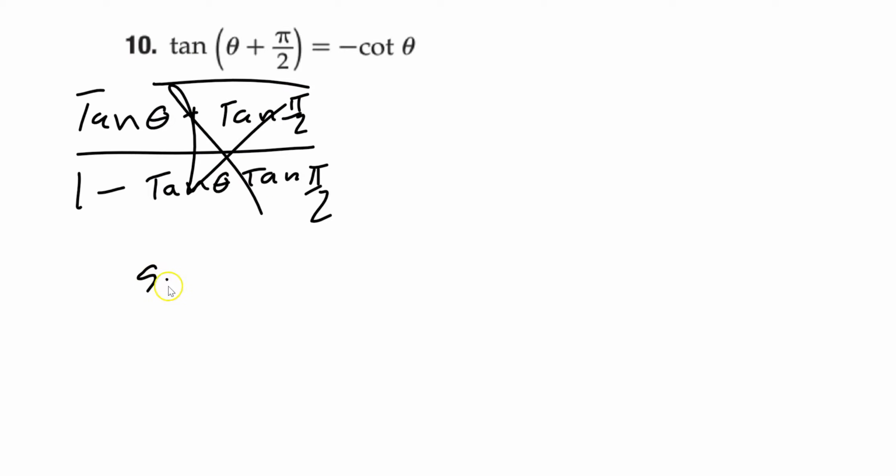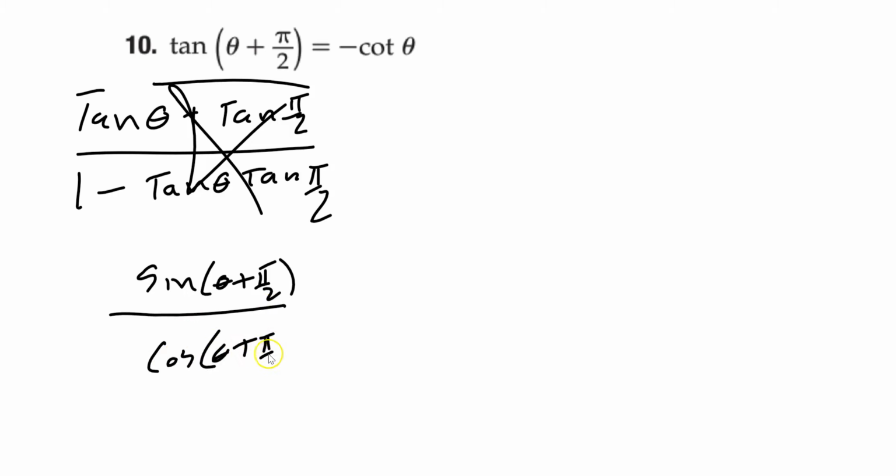Tan is the same thing as sine of theta plus pi over 2 over cosine of theta plus pi over 2. Right, so tan is sine over cosine, so I'm going to split it up and do each one of these separately. Remember, sine is sine cosine, then you keep the sign operation.